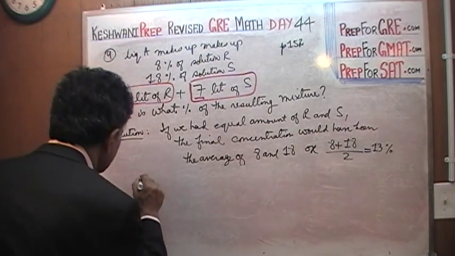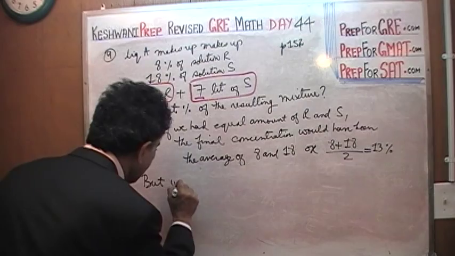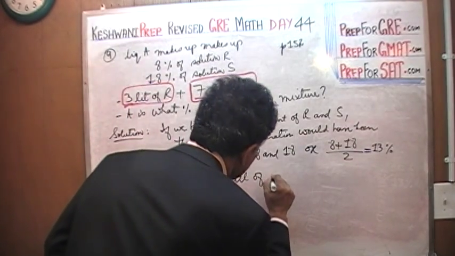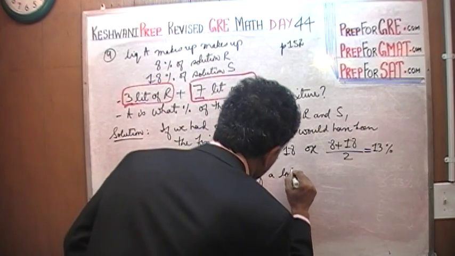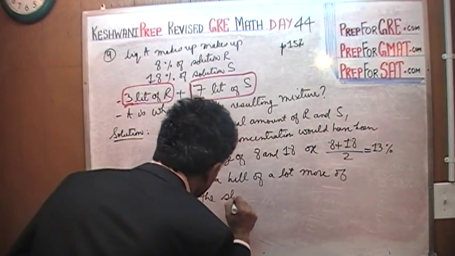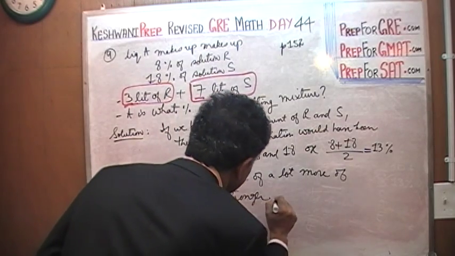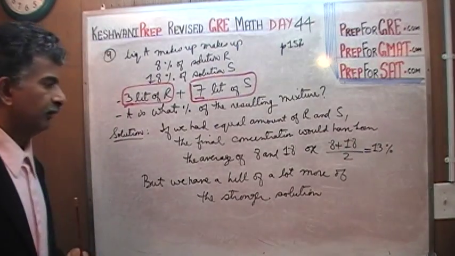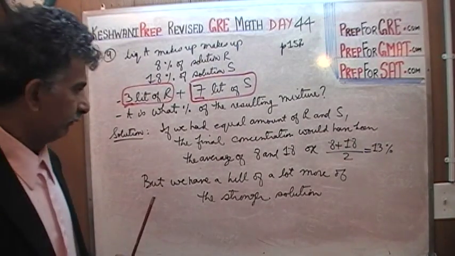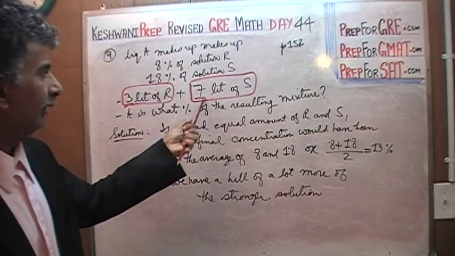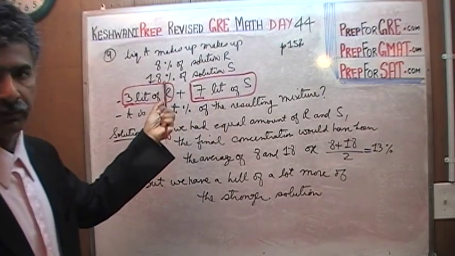But we have a lot more of the stronger solution. We have 7 liters of the stronger solution, which is 18%.